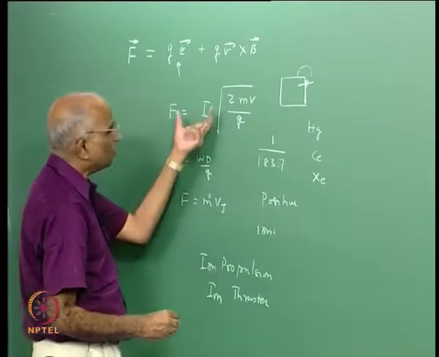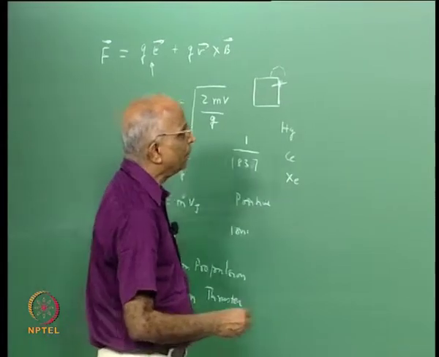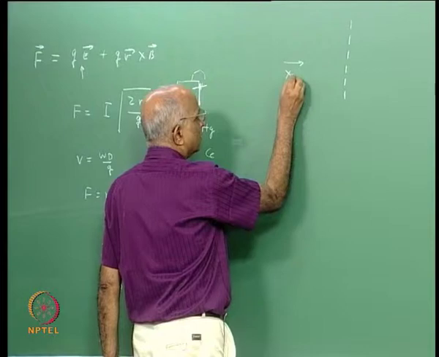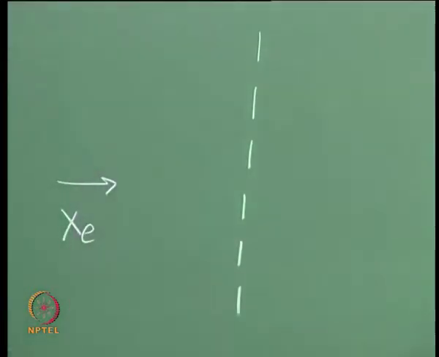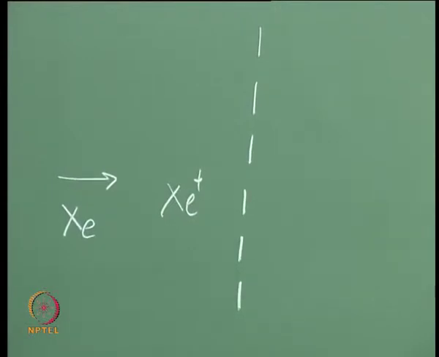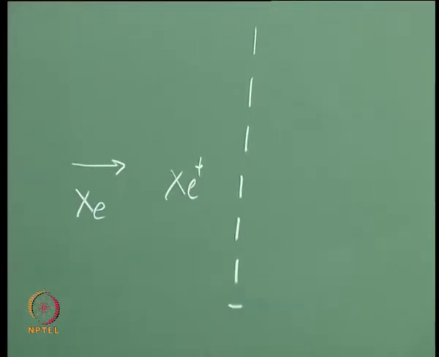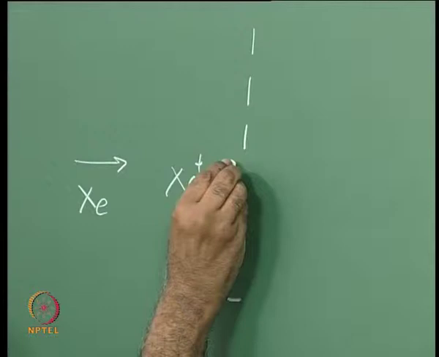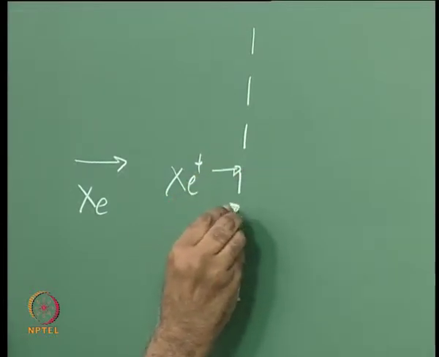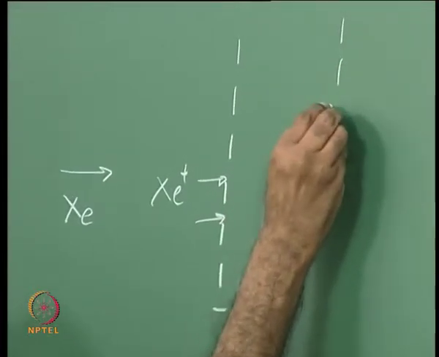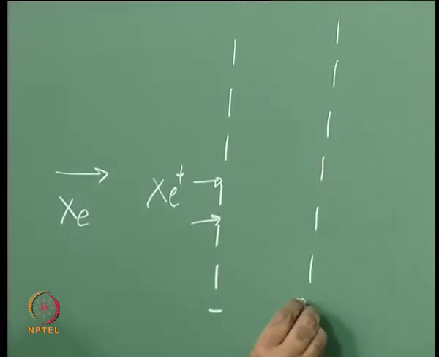Therefore how will the construction of an electrostatic rocket look like? Well, I need to pump in this particular xenon gas, I need to generate positive ions of xenon, and then maybe I put something like a negative grid over here, something like a screen which is negative, such that it will attract the positive ions towards it, and again I put another screen over here which is still more negative.